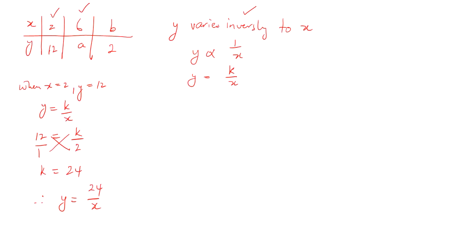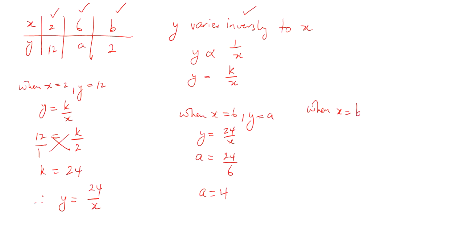So when x is equal to 6, y is equal to a. The equation is y equal to 24 over x. So therefore a is equal to 24 over 6. Therefore a is equal to 4. Let's find b now. We know that when x is equal to b, y is equal to 2.